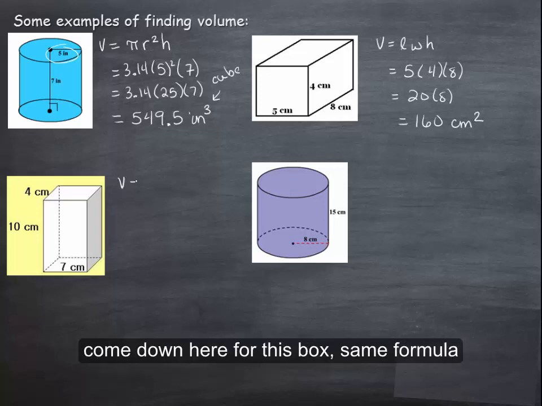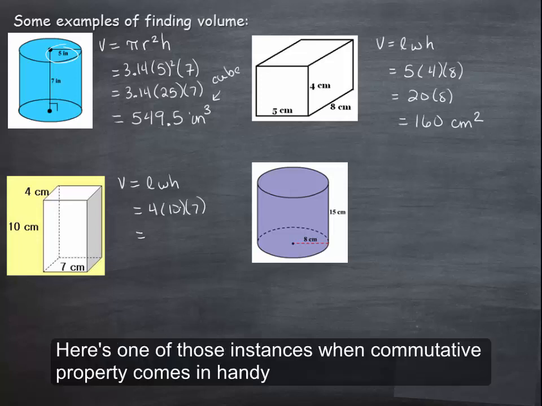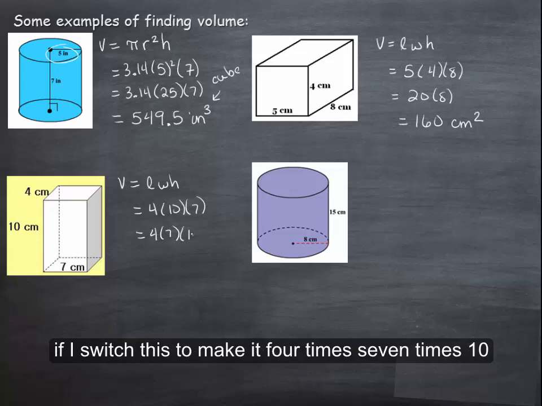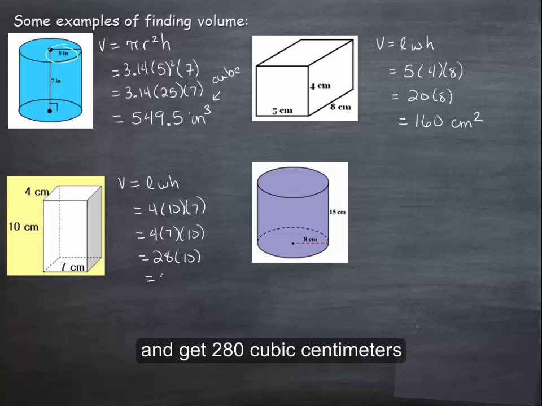Come down here for this box, same formula. 4 times 10 times 7. Now here's one of those instances where commutative property comes in handy. If I switch this to make it 4 times 7 times 10, then I can do this mental math in my head rather quickly and get 280 cubic centimeters.